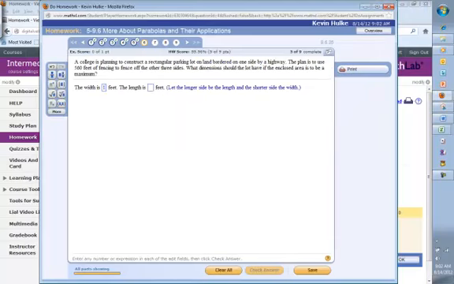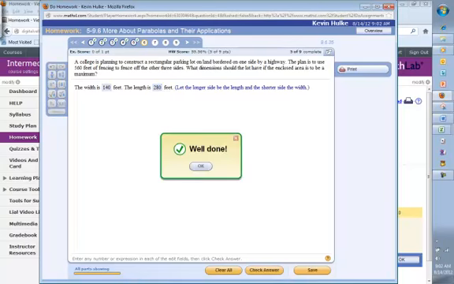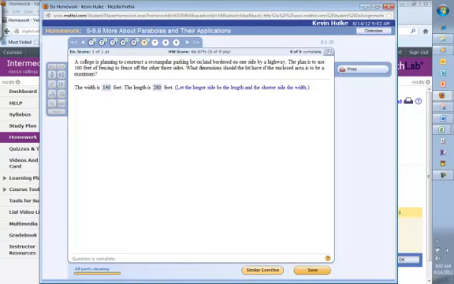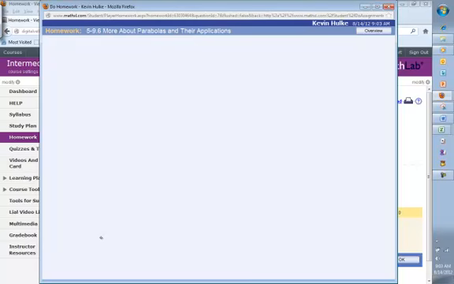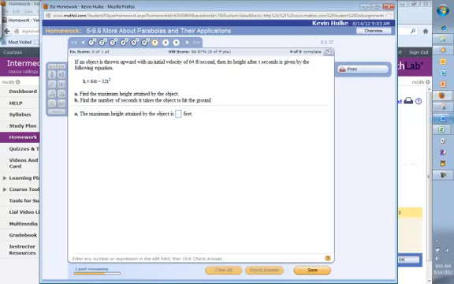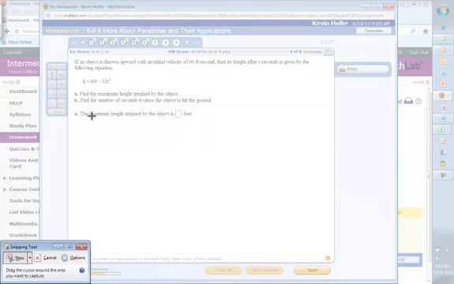So 140, 280, and the area, interestingly enough, oh, they didn't ask us the area. Oops. The area will be that 39,200.